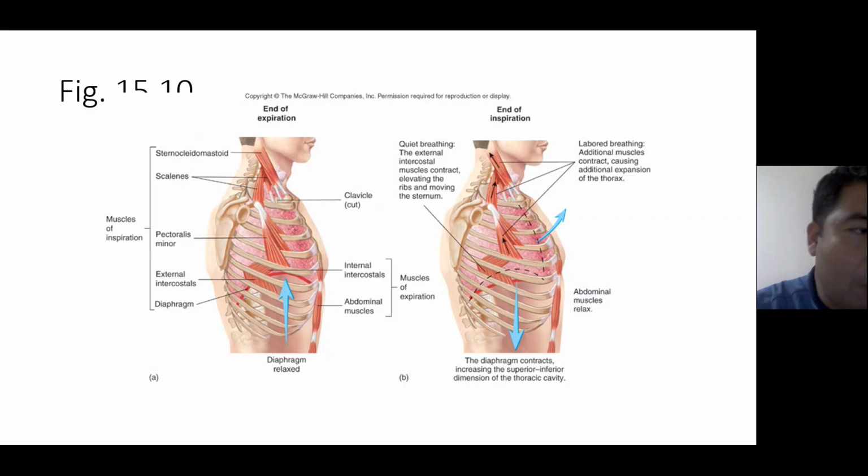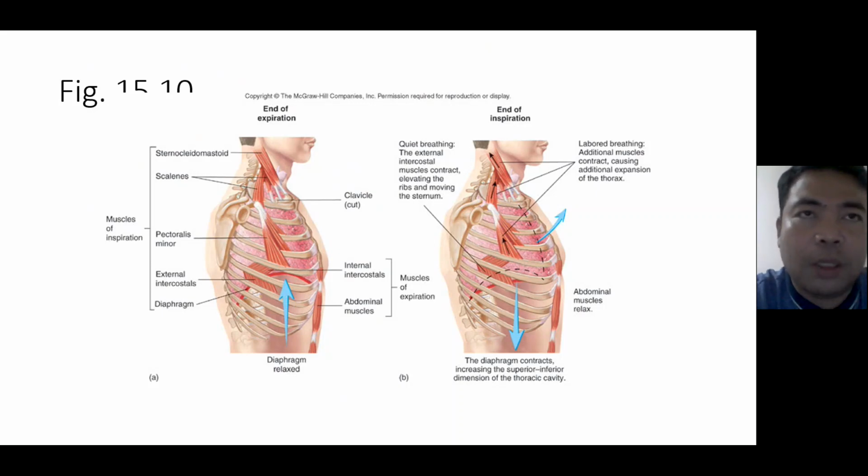Bakit? Because during normal quiet breathing, we do not use any muscle for expiration. Again, remember that. During normal quiet breathing or normal resting respiration, we do not use any muscle for expiration. Ang ginagamit lang natin na muscle is those muscles that we use to inhale.